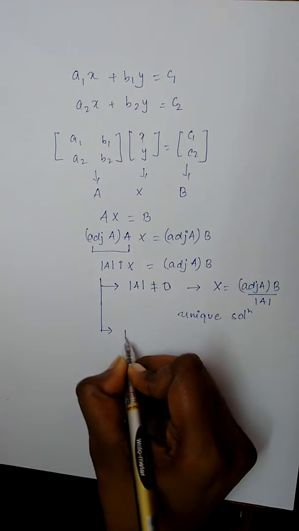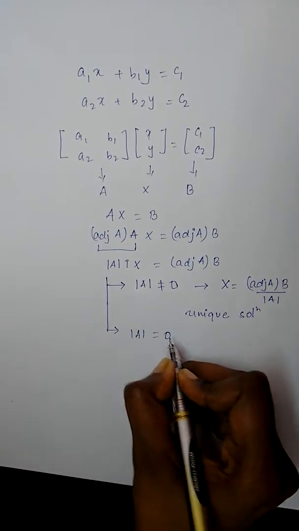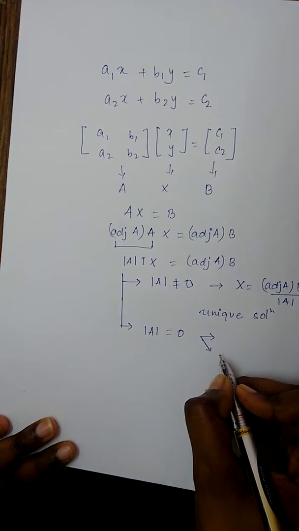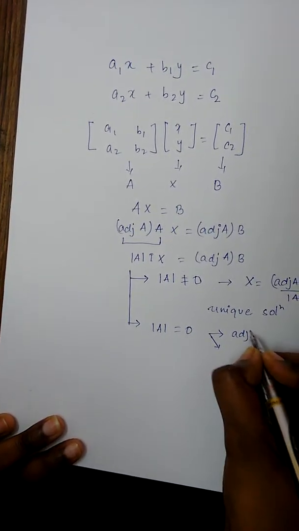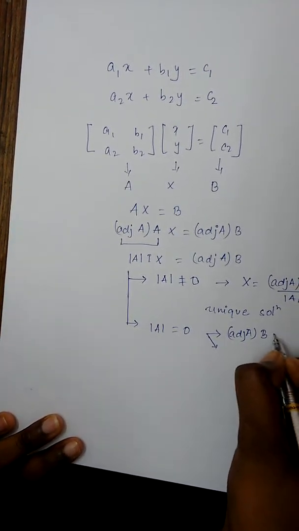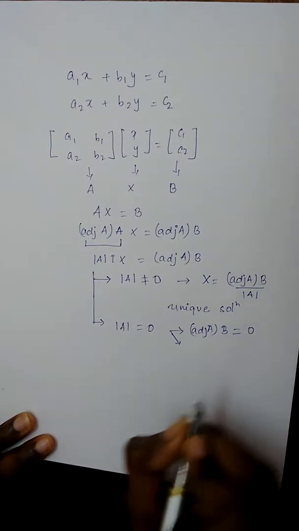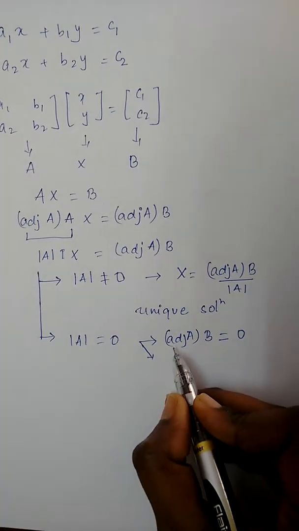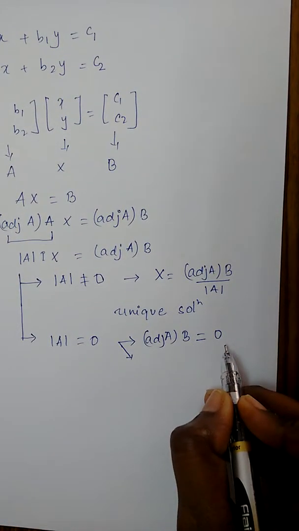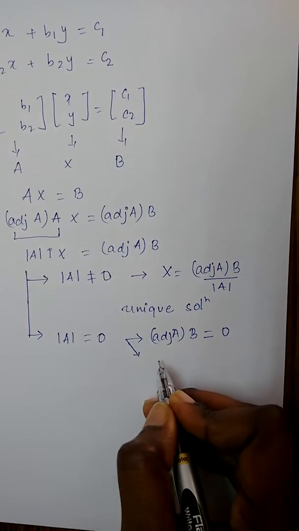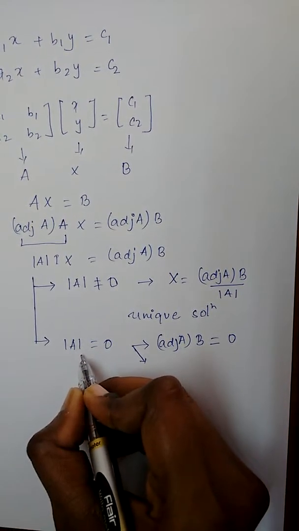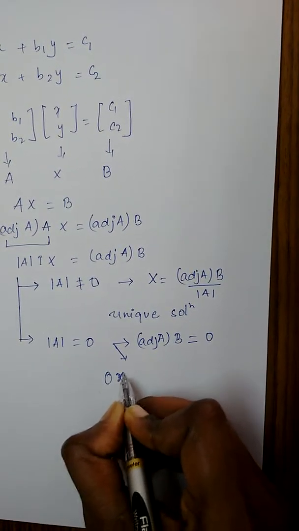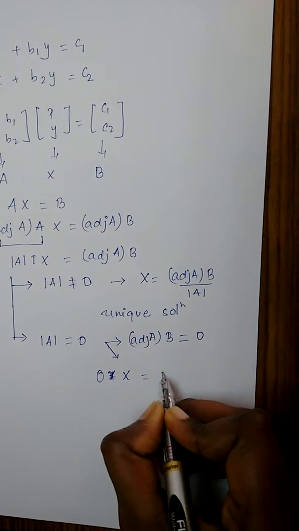If determinant of A is 0, then there are two cases possible. First, if adjugate of A into B results in a 0 matrix, and determinant of A is also 0, that means 0 into X is equal to 0.